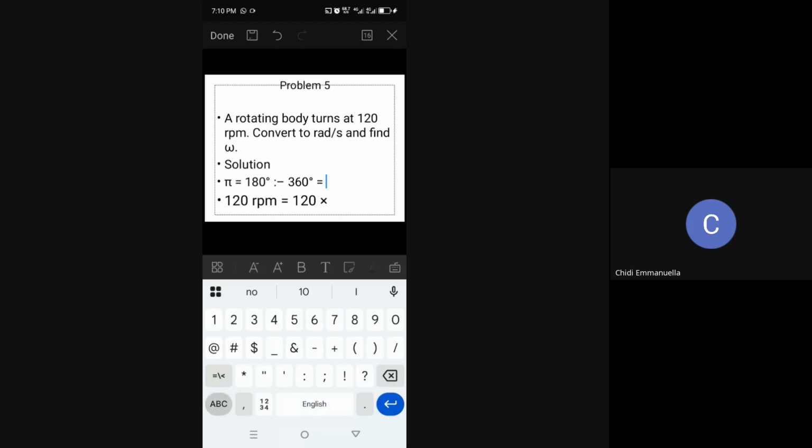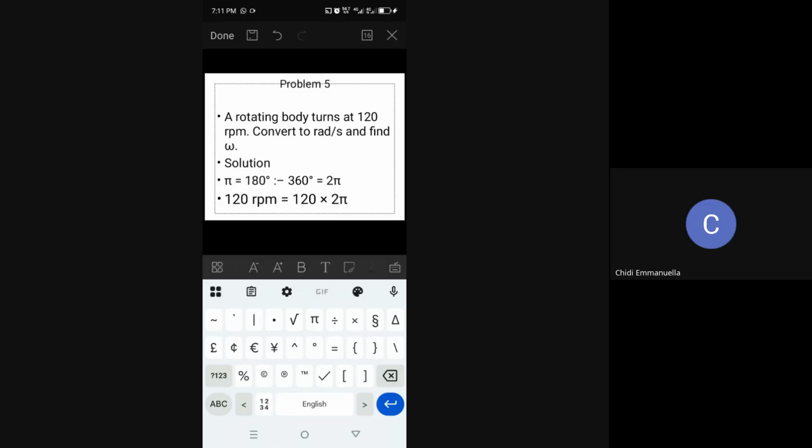Am I right? Are you still with me? Yes, sir. 360 degrees is equal to 2 pi. That is just one revolution. If I now have 120 revolutions, it will be 120 times 2 pi.